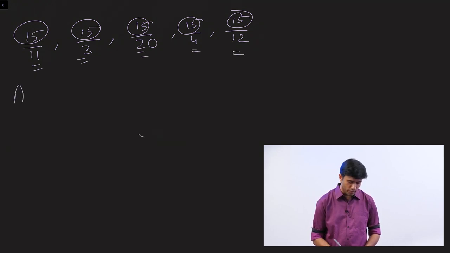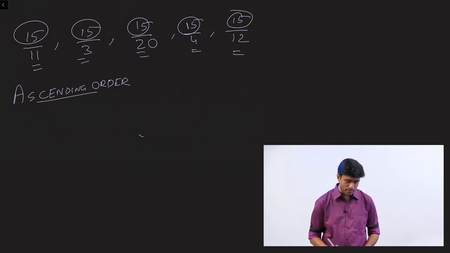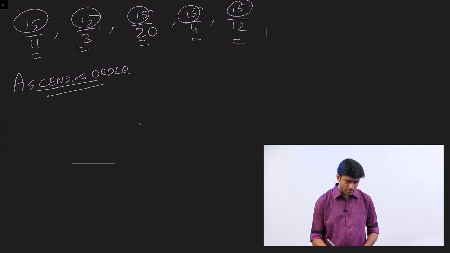So, if you have to write it in ascending order, smallest to the biggest, remember, smaller the denominator, greater the fraction. So the smallest fraction will have the greatest denominator. 15 by 20 is the smallest.